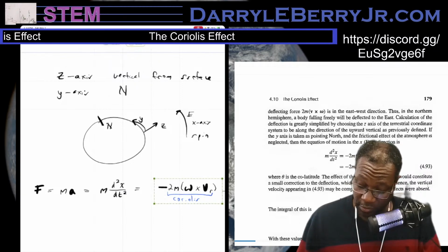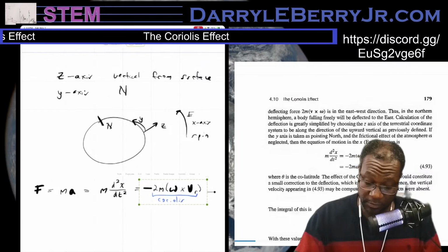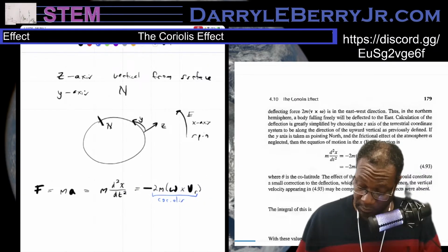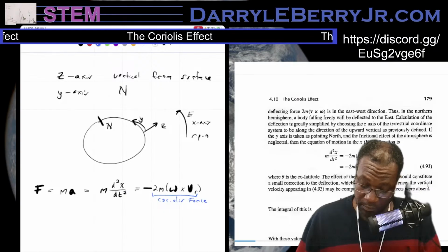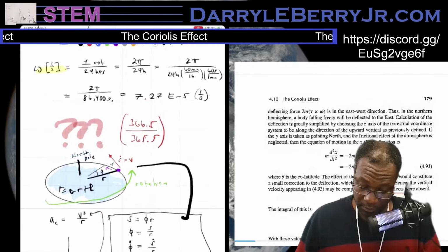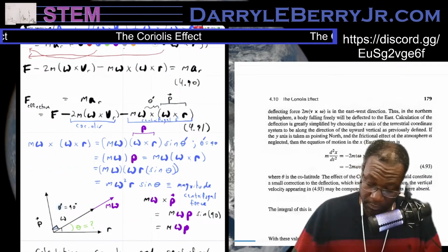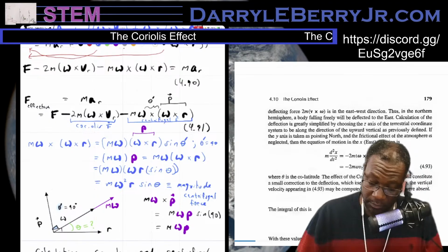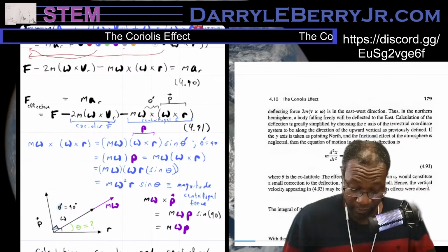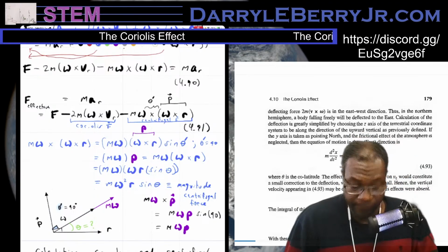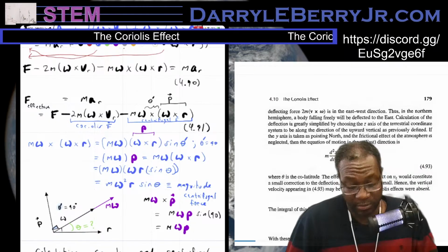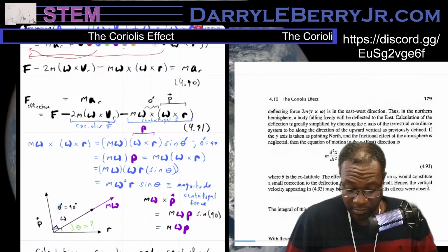Setting the force as the Coriolis force. Right. All of these terms are forces. Force is kilograms meters per second squared.